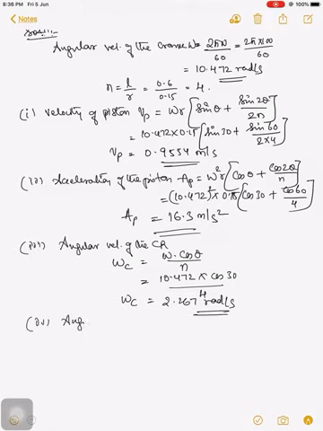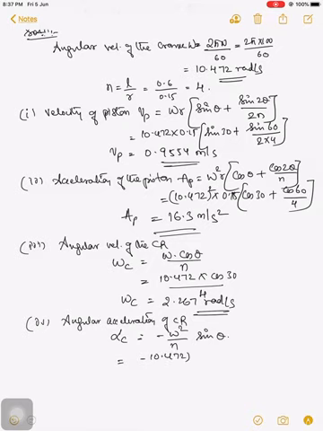Now in order to find out the angular acceleration of the connecting rod, we have the formula alpha c, that is for the connecting rod, is given by minus omega square by n into sin theta. So substitute the values here.